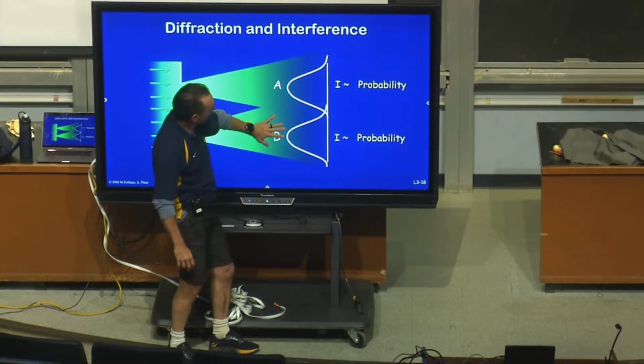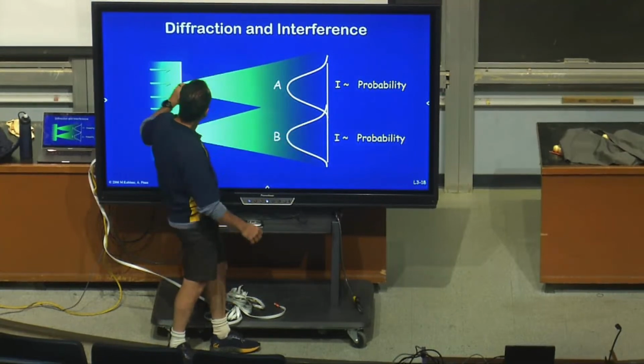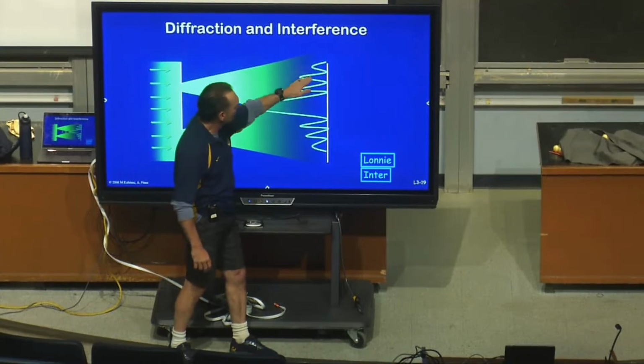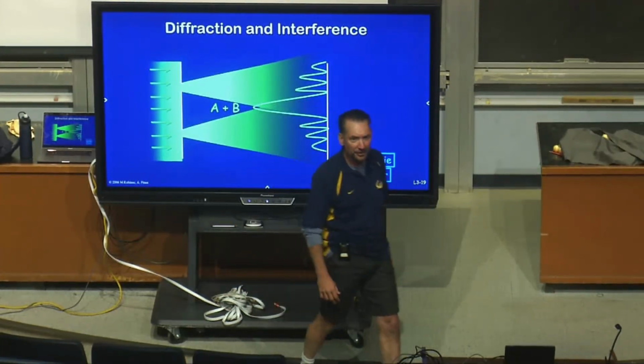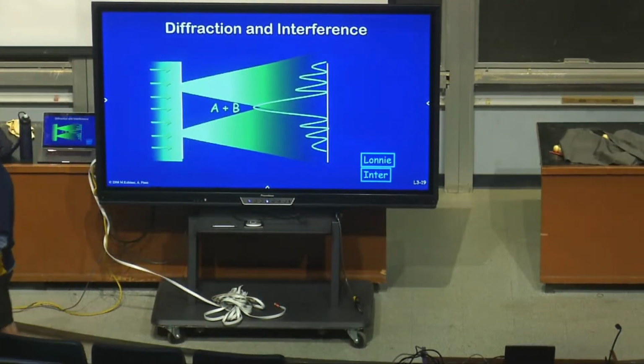You get an interesting result. Instead of the image of this hole and the image of this hole, you get alternating bright and dark spots. But we already know why that is, don't we?